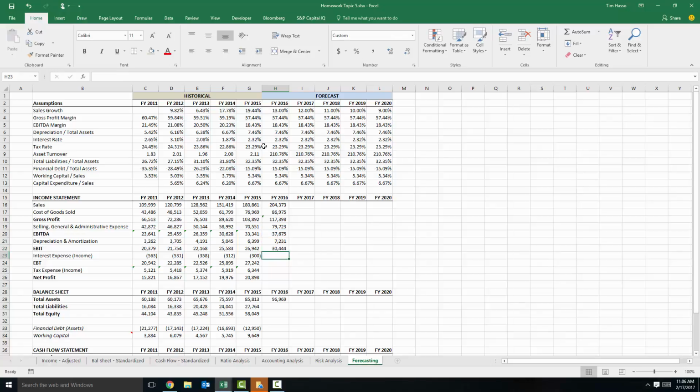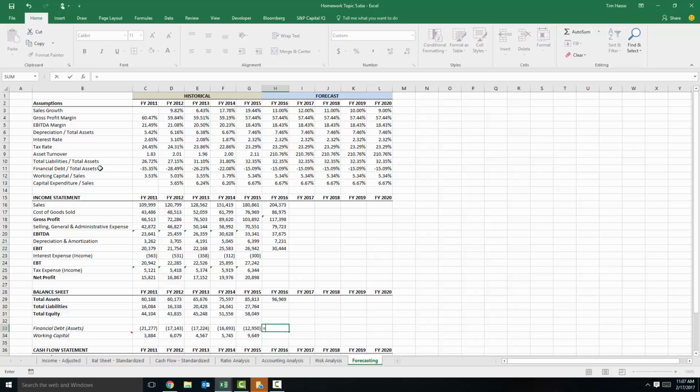Your interest expense, again, we need to forecast some of the balance sheet items because your interest expense is going to be equal to your financial debt multiplied by the interest rate. So in order to do this, we actually need the financial debt. The financial debt we forecast by taking the ratio of financial debt divided by total assets.